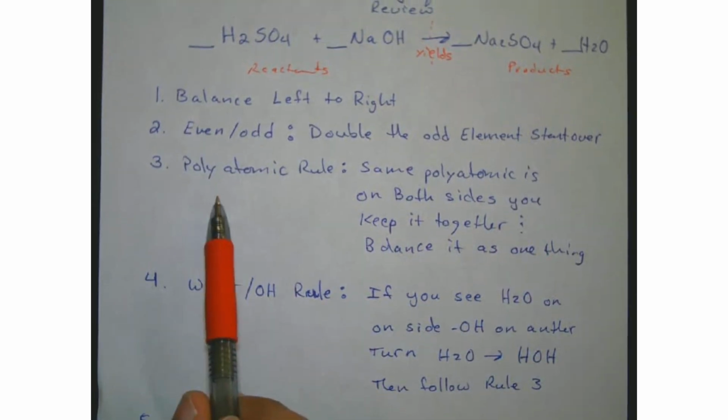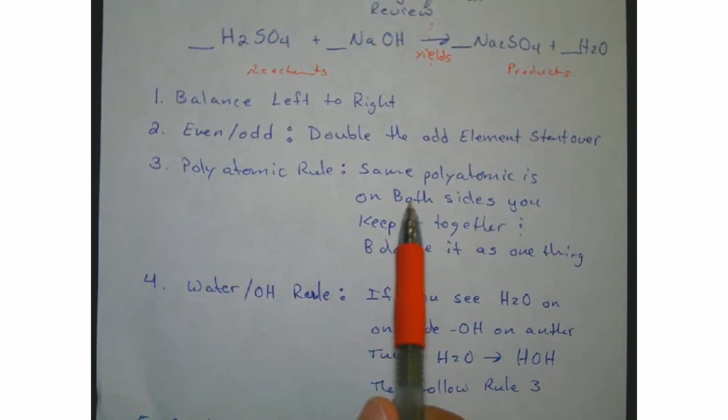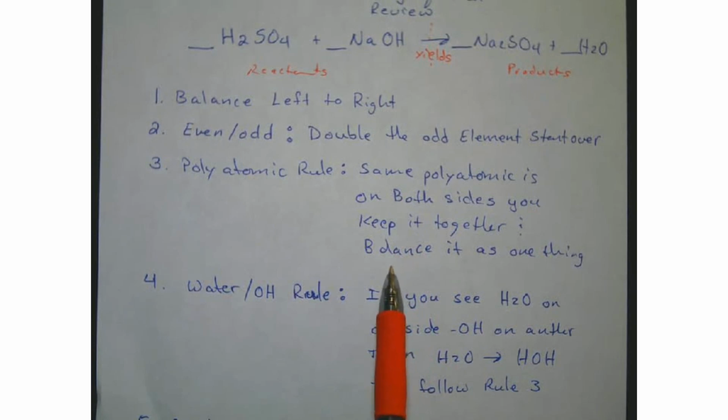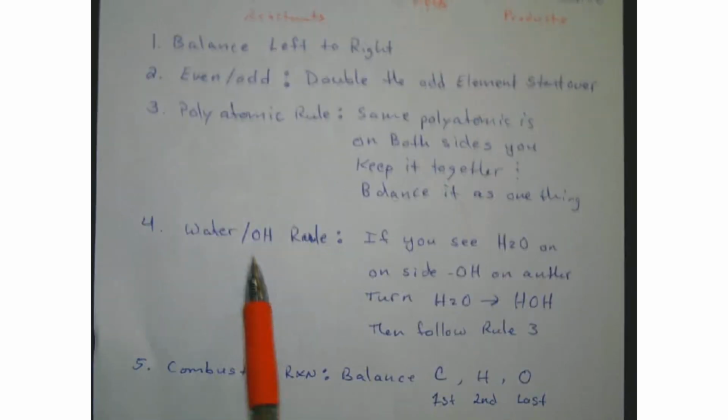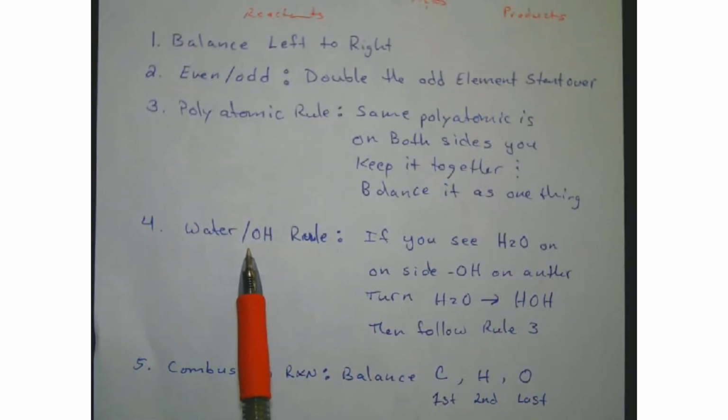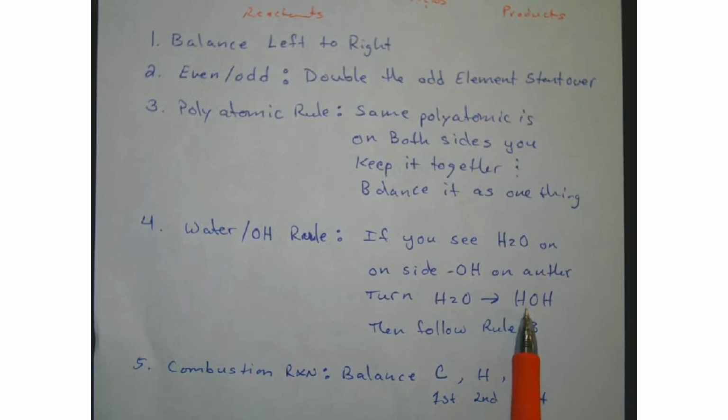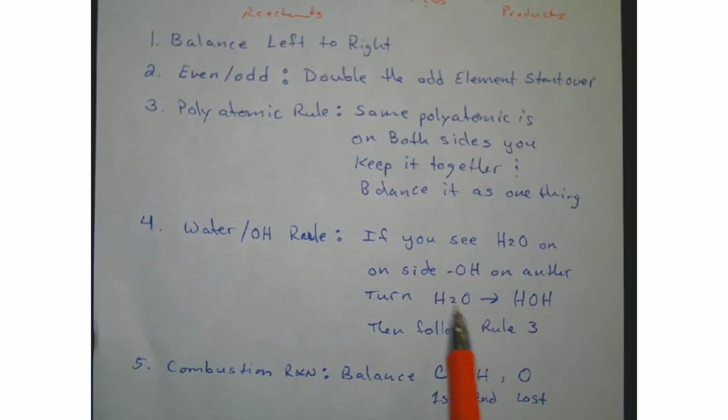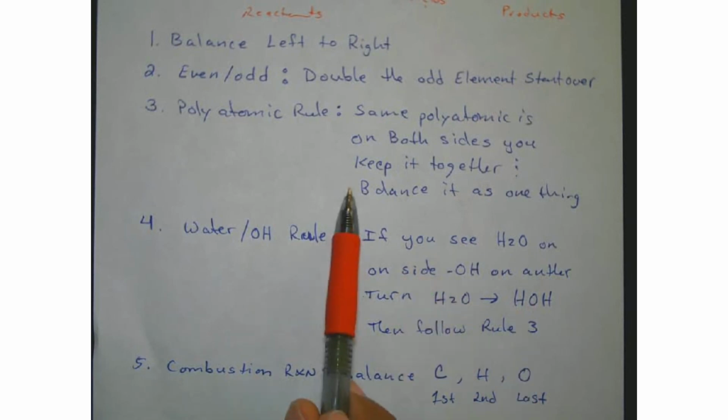Then we had the polyatomic rule. If you see the same polyatomic on both sides, keep the polyatomic together and balance it as if it's one thing. We'll go over that here in a second. The water hydroxide rule. If you see water on one side and hydroxide on the other, turn water into HOH, which is its proper form. Turn water into HOH and then balance it using the polyatomic rule.